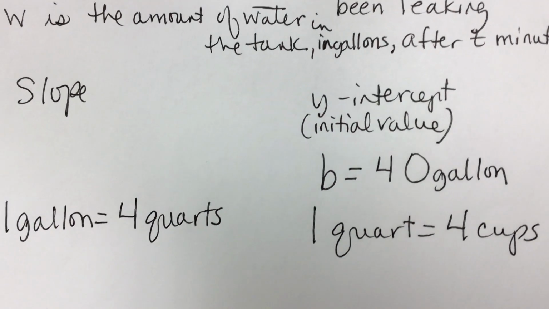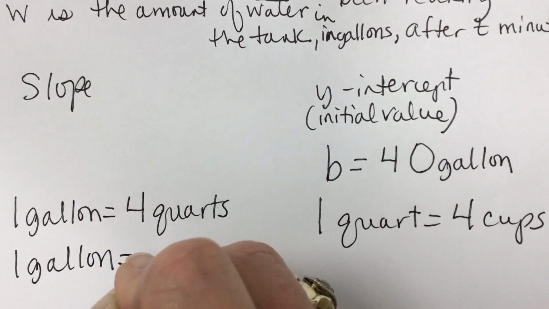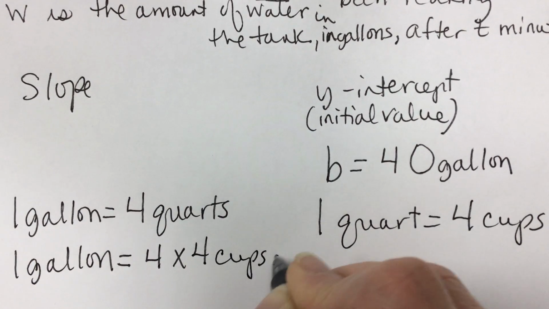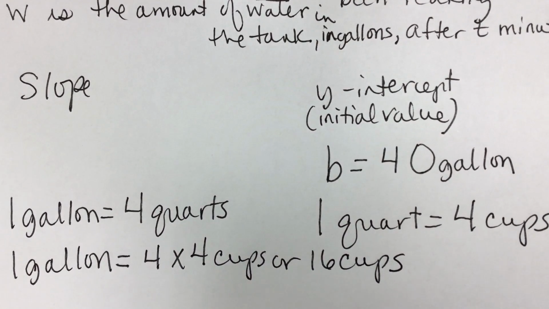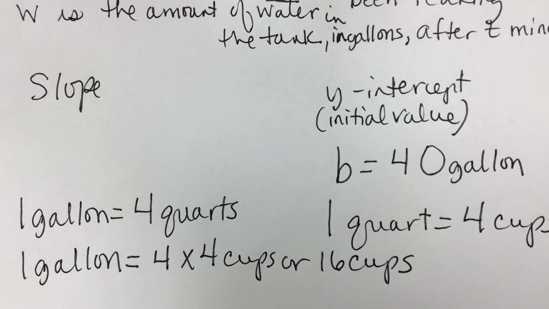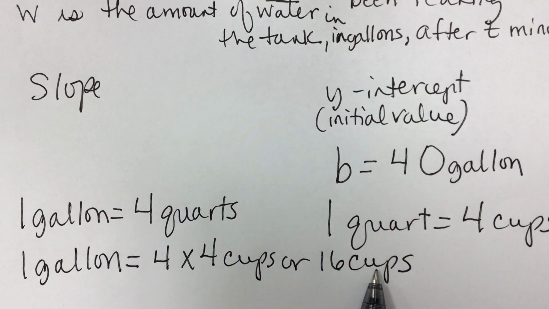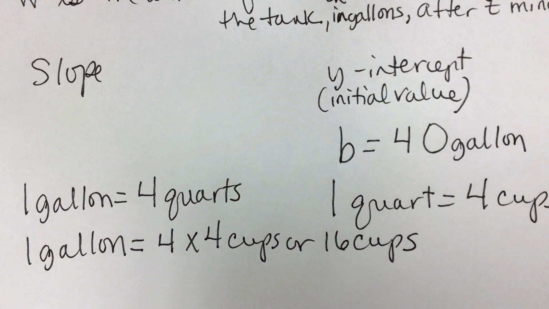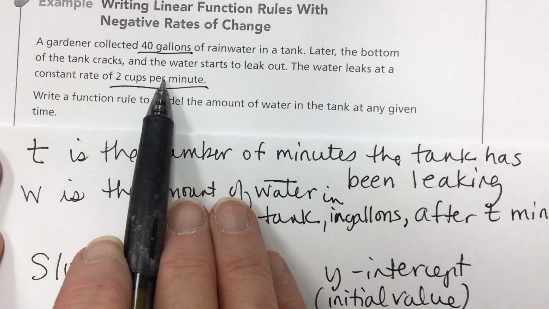Next. So therefore 1 gallon is equal to 4 times 4 cups, or 16 cups. So you multiply those two together. The 4 quarts times the 4 cups. 4 times 4 gives you 16 cups. So 1 gallon has 16 cups. Now, we were told that our water was leaking at 2 cups per minute.